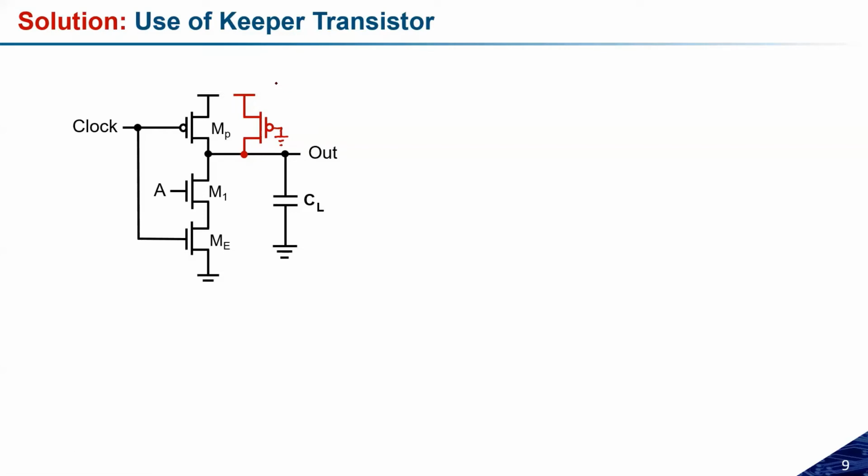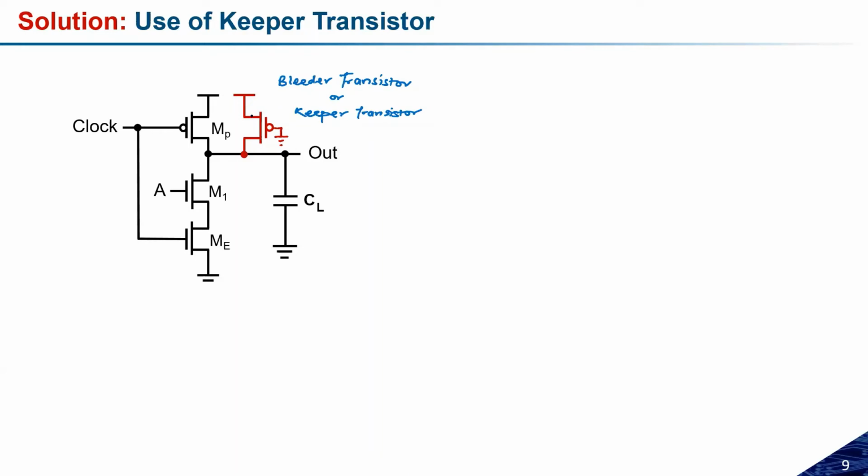Okay, so let me write it with different colors so that will help you. Breeder transistor or keeper transistor. So we can call it the keeper transistor or the breeder transistor.